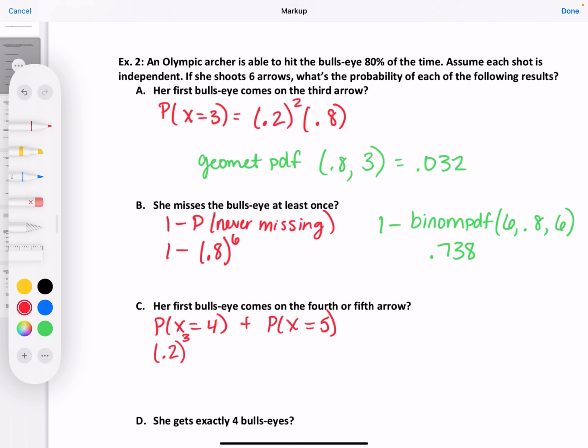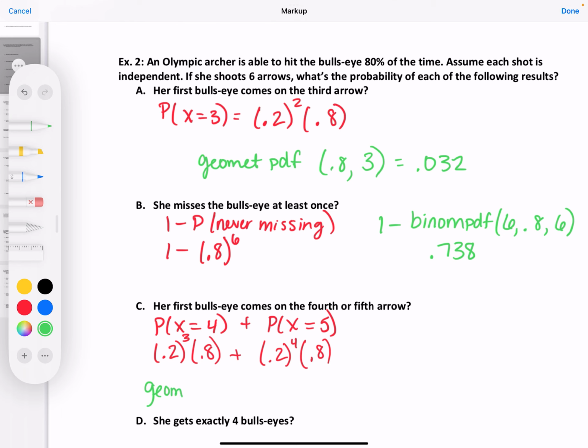0.2 cubed, so that's the misses, and then a make of 0.8 plus 0.2 to the 4th for 4 misses, and then 0.8 for the make. So you can do that by hand. Or if you still wanted to use the calculator, we would still set it up like we did this geometric PDF here, but now we're adding the 2 things together.